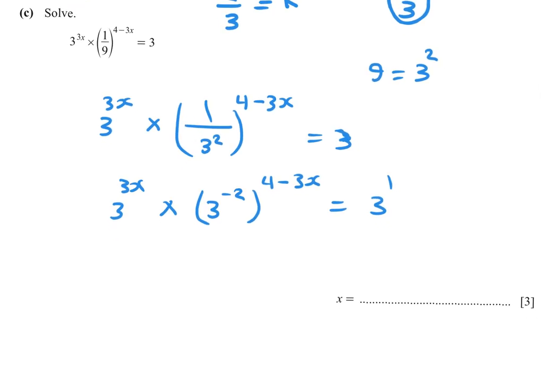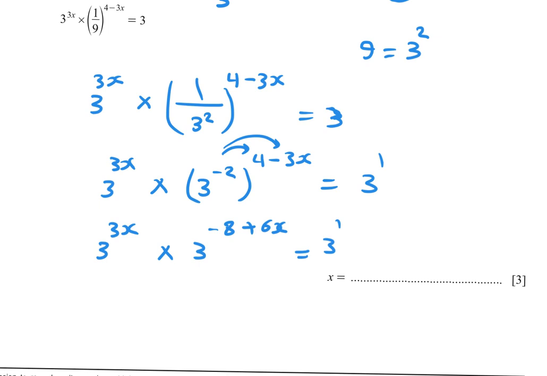Now if you have a power of a power, multiply them. So 3 power 3x times 3 power negative 2 times 4, negative 8, negative 2 times negative 3x, positive 6x, equals 3 power 1. Now when we multiply, add the powers. So 3x plus 6x is 9x.